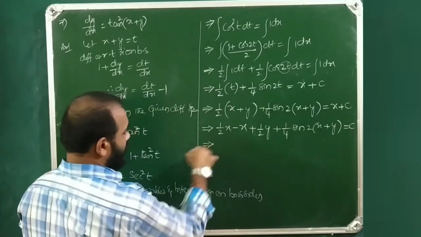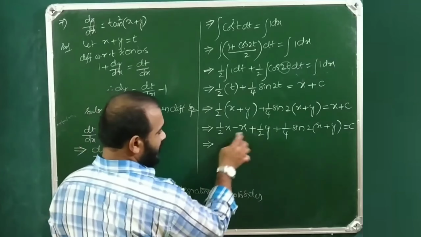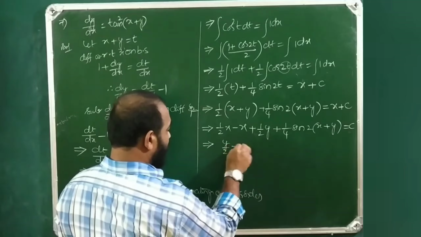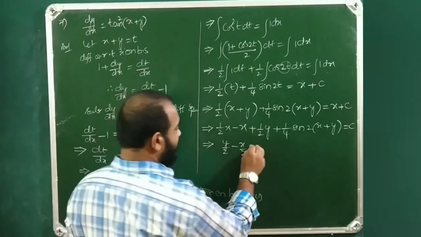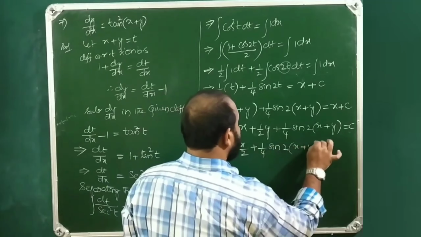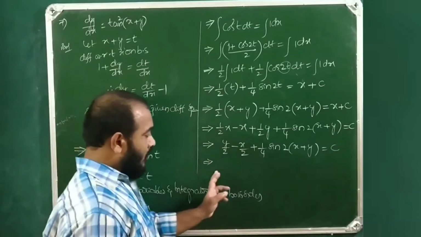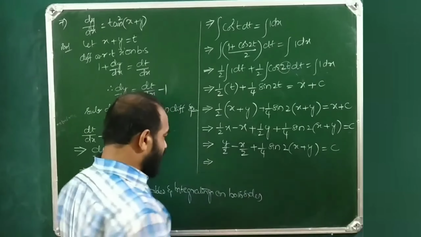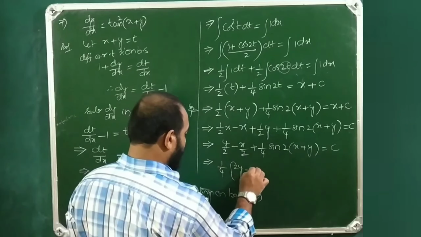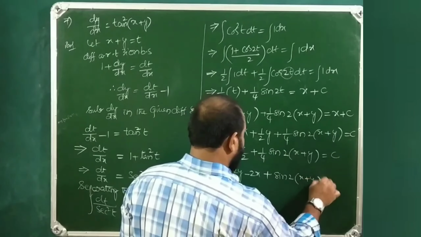This is equals to half x minus half, so this is minus x by 2. This is y by 2. So y by 2 minus x by 2 plus 1 by 4 sine of 2 into x plus y is equals to c. So here 4 is to be taken as an LCM. So 1 by 4 if I take an LCM, then this is 2y minus 2x plus sine of 2 into x plus y is equals to c.